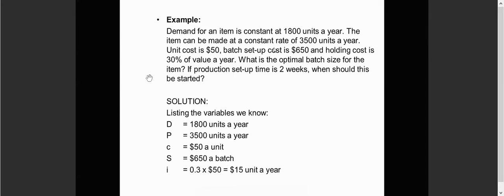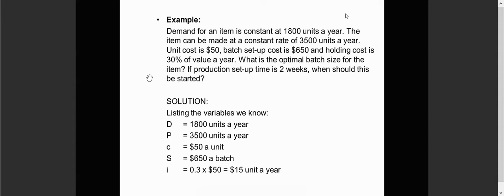Normally for the production order quantity, they will provide information about the production rate, and the term ordering cost will be replaced with the term setup cost. So this will signal to us to use the production order quantity as the more suitable model to solve the problem.